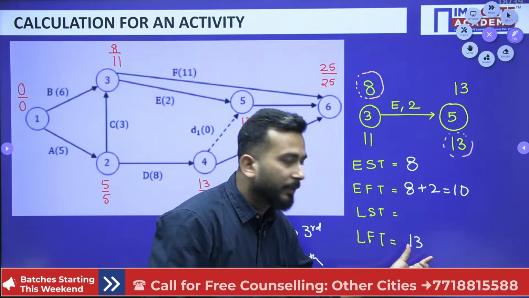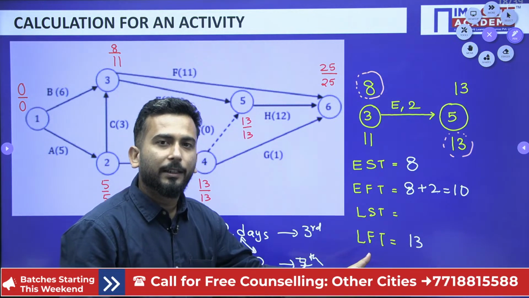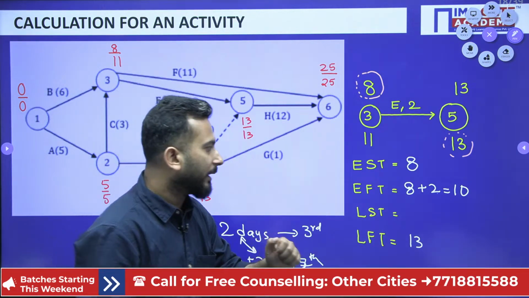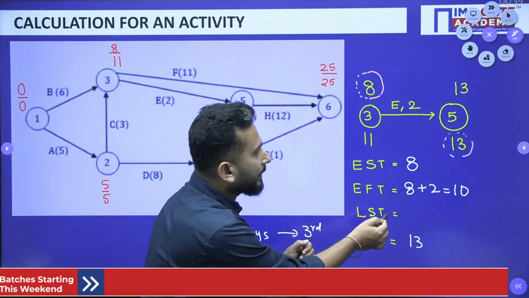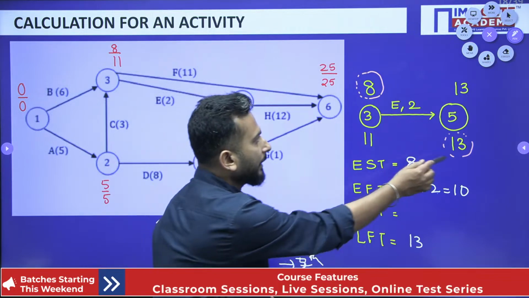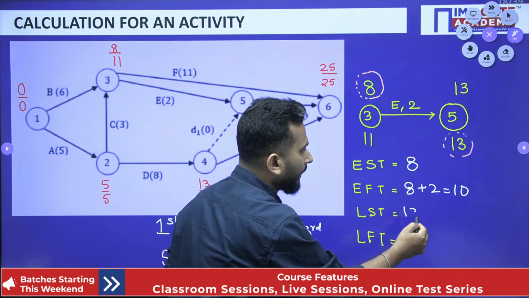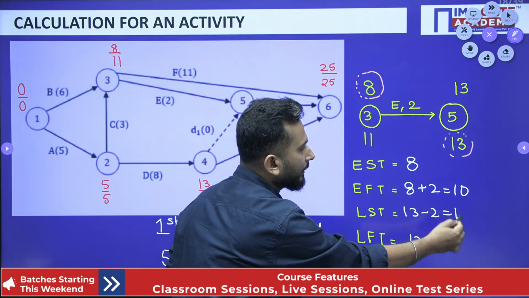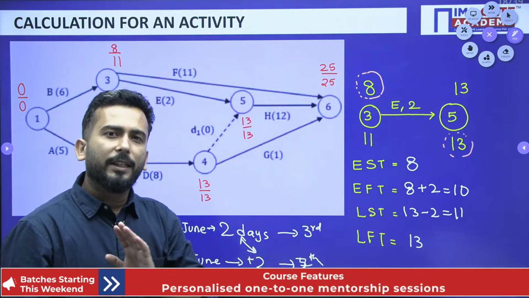And when you have finished something late, you must have also started something late. So how will you get the latest start time? Simply subtract the activity time, and that is 13 minus 2, and that is 11. So very simple logic.